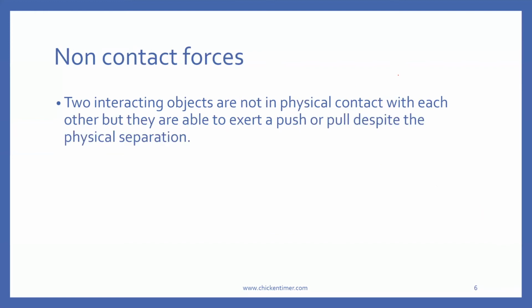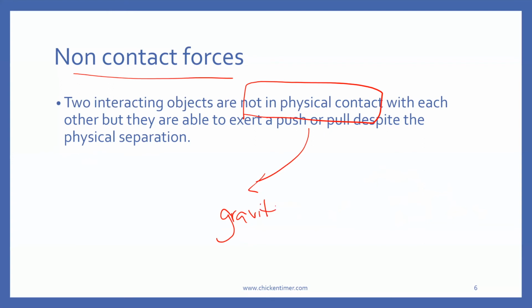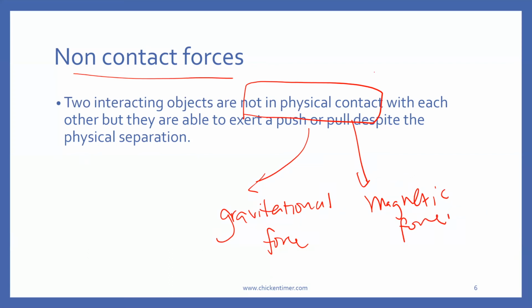We'll move on. So then there's this thing called non-contact force. Two interacting objects are not in physical contact, but they can exert a push or pull even though they're not touching each other. So gravitational force is a non-contact force. Magnetic force. Yes, magnetic force is also a non-contact force, as the objects are not touching each other. Anything else?